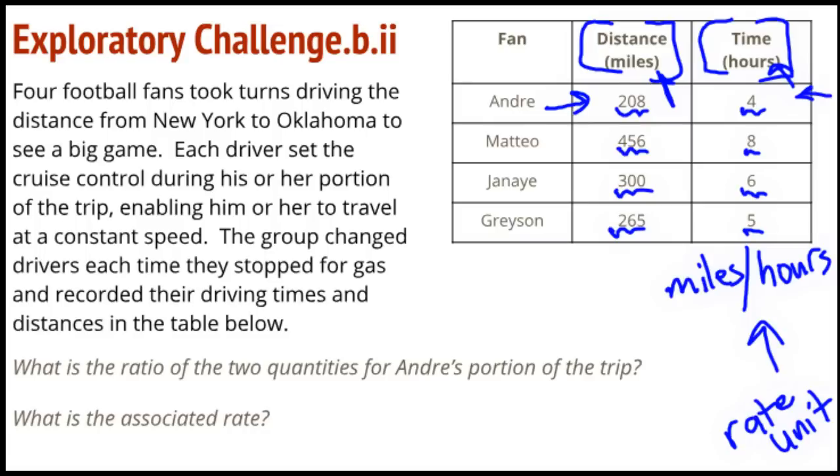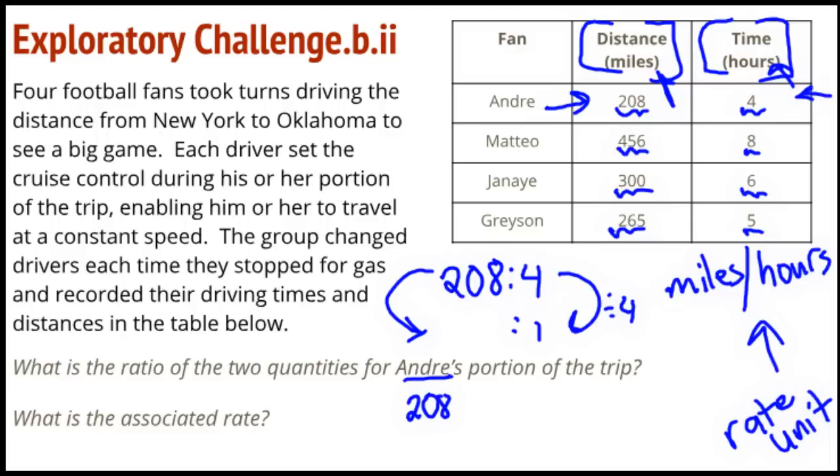So what is the ratio of the two quantities for Andre's? Well, Andre's is a ratio of 208 to 4, and I want to scale this down. So I'm going to divide by 4 over here and get 1 hour, and I'm going to take 208 and divide it by 4 and find out that it's 52.